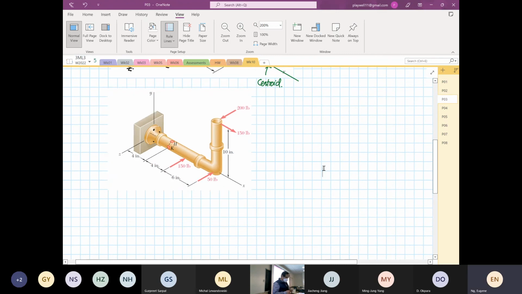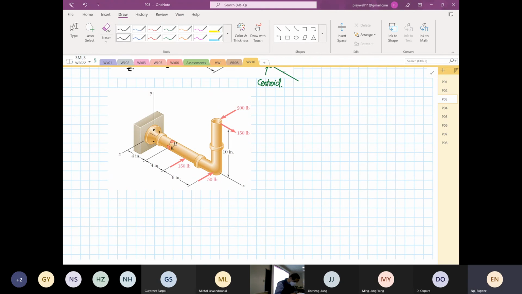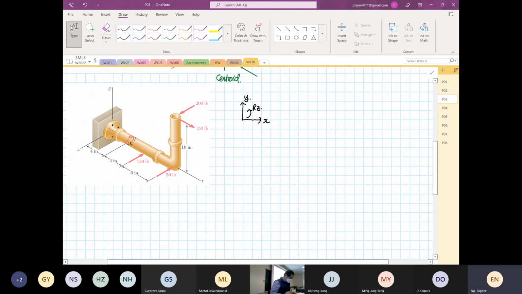The first view that we want to analyze is the XY view. This is our rotation about the Z. So we're going to sketch that now.